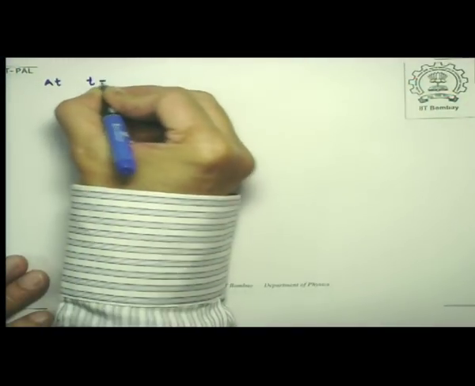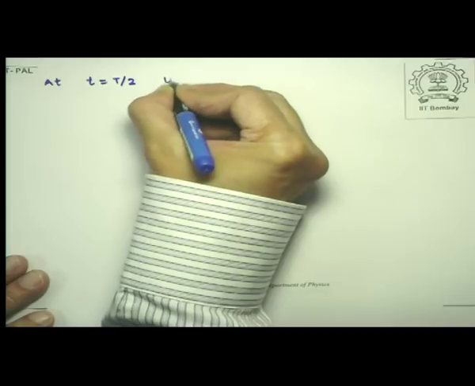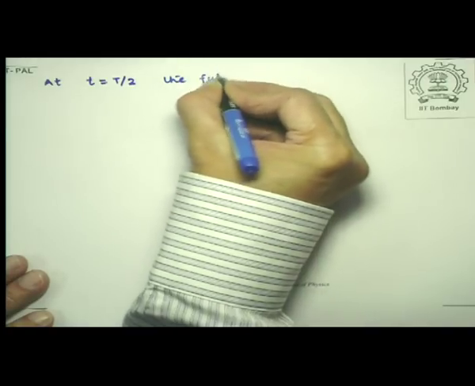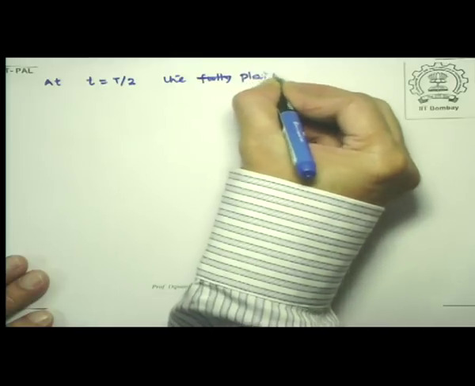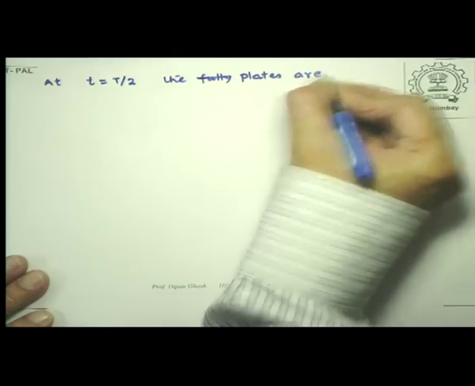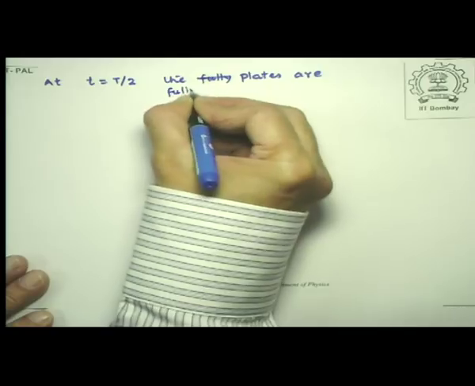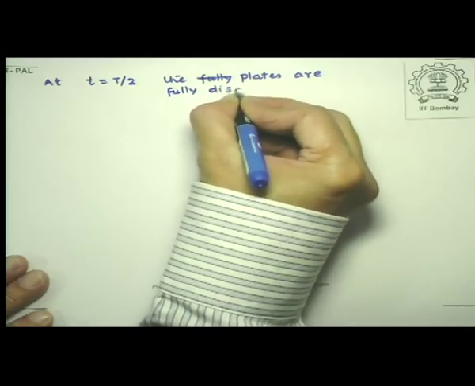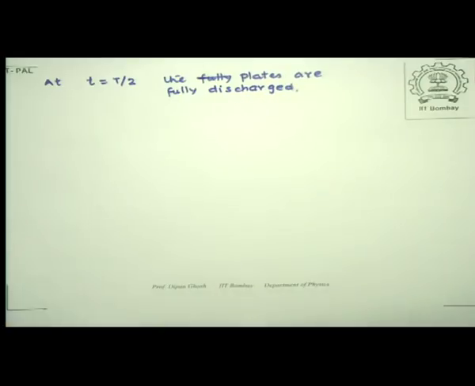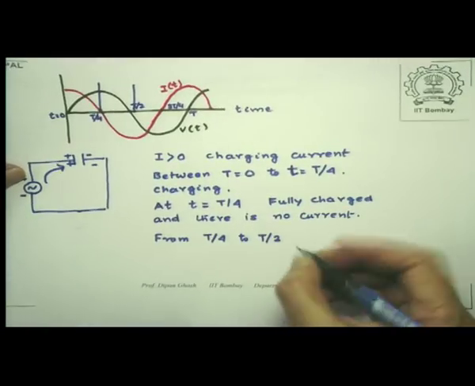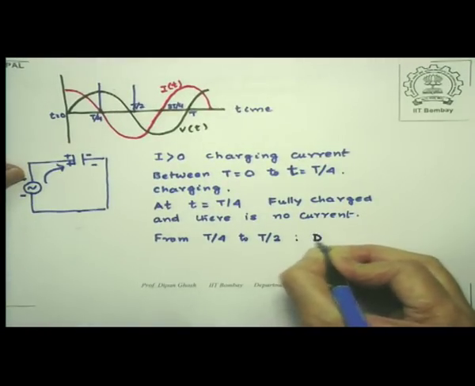So at T by 2, the plates are fully discharged. So in this cycle, discharging takes place.